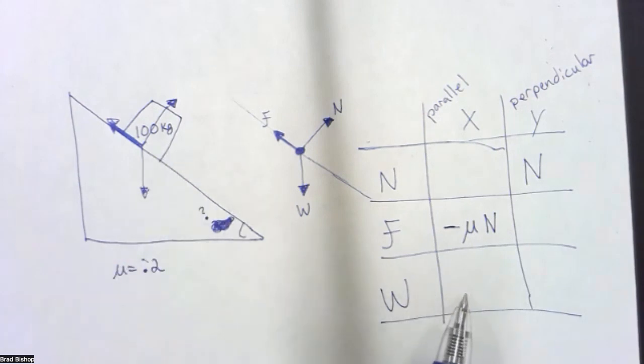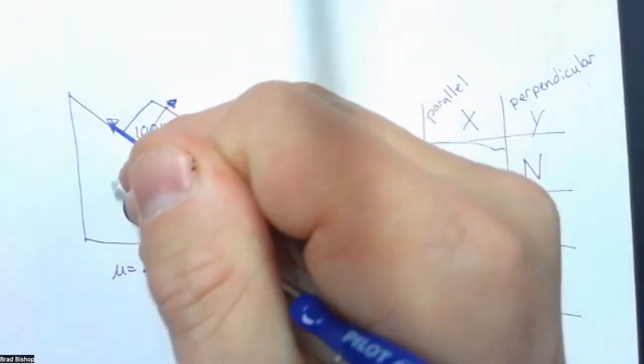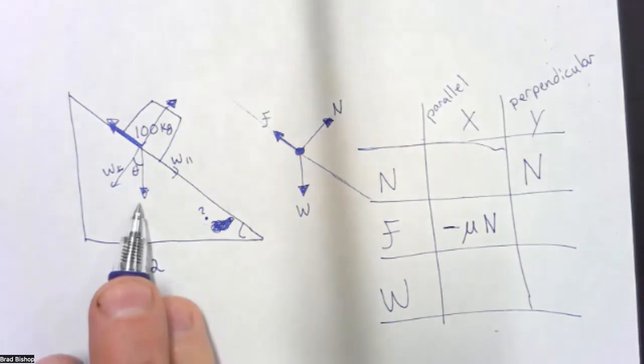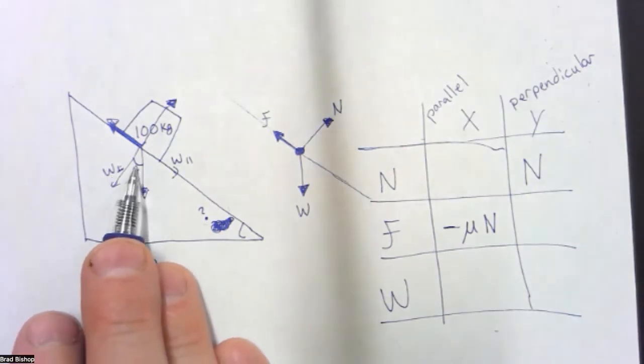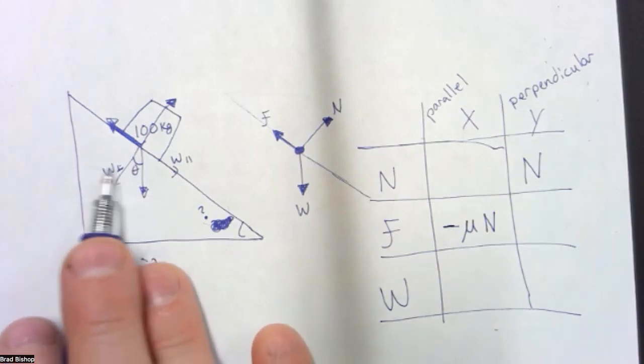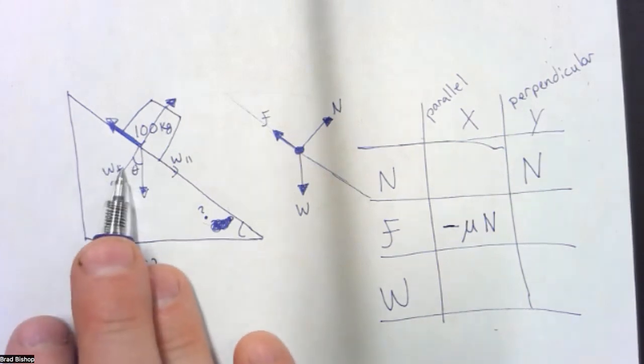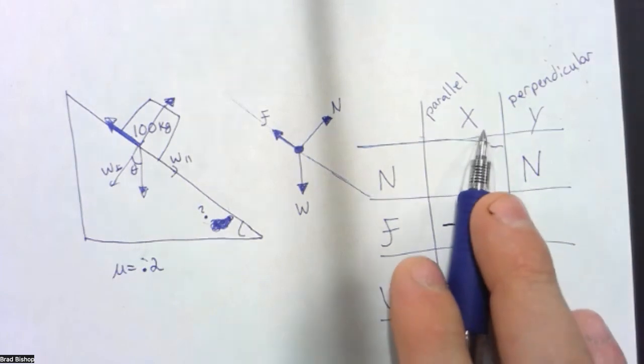For weight, this is where we'll use our components. Remember, for our weight, we are splitting it up into weight perpendicular and weight parallel, with this angle being the angle of the inclined plane. So the weight perpendicular is always going to be the adjacent side. You want to make sure you are able to break its weight down into components on an inclined plane.